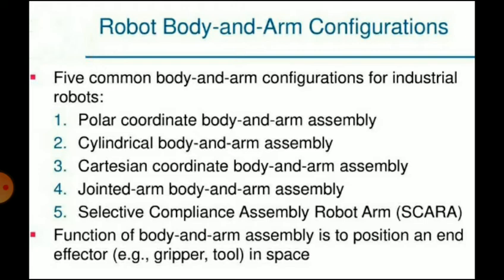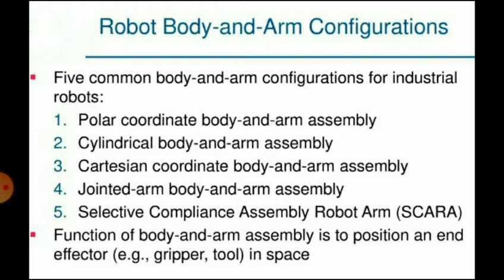These 5 configurations are: first, polar coordinate body and arm assembly. Second, cylindrical body and arm assembly. Third, Cartesian coordinate body and arm assembly. Fourth, jointed arm body and arm assembly.